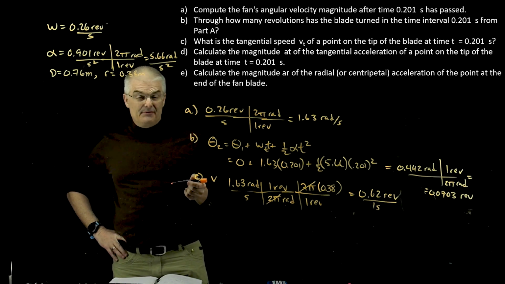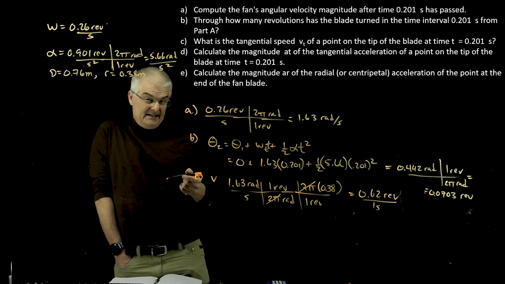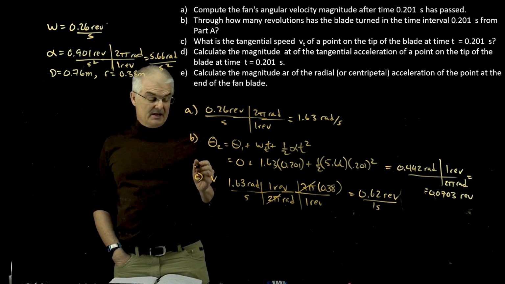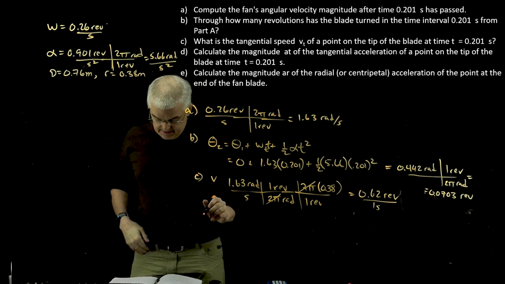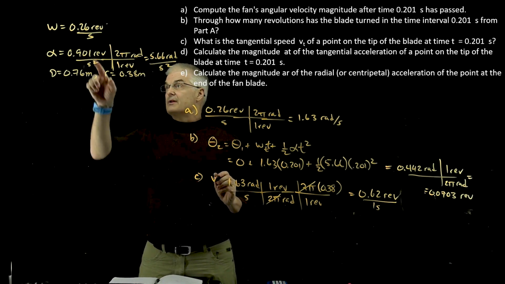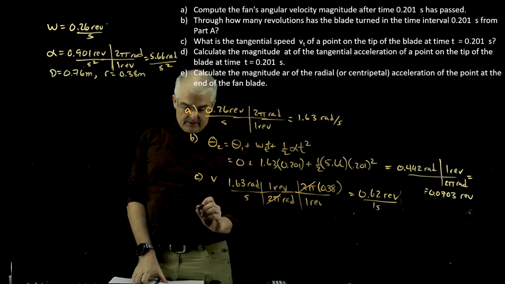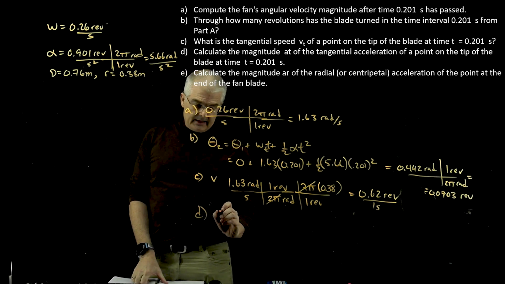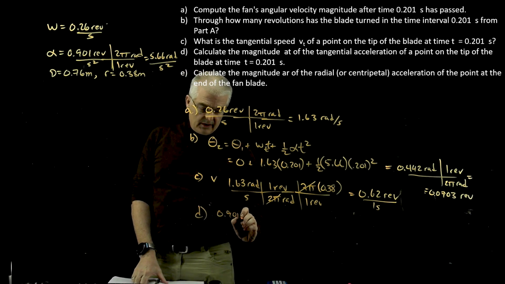All right, question D, calculate the magnitude of the tangential acceleration at a point on the tip of the blade at a time t equals 0.201 seconds. So now you're trying to find the tangential acceleration, and actually I'm going to use the 0.901 revolutions per second, save myself a step here.